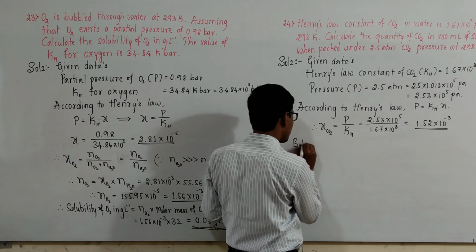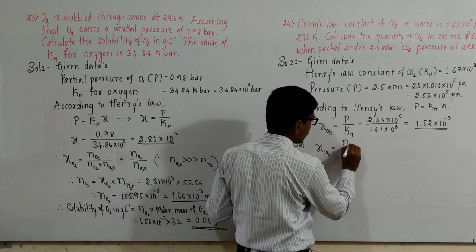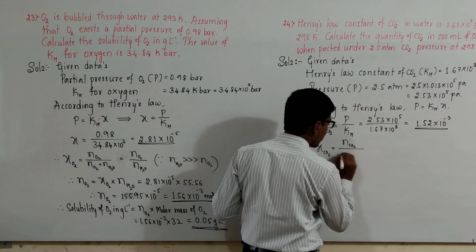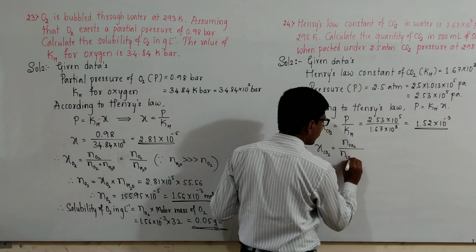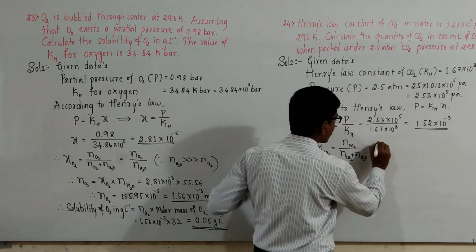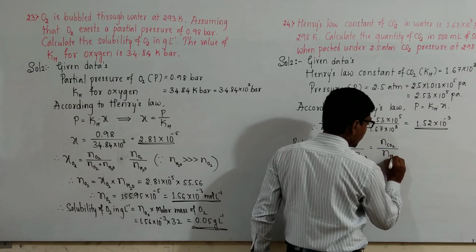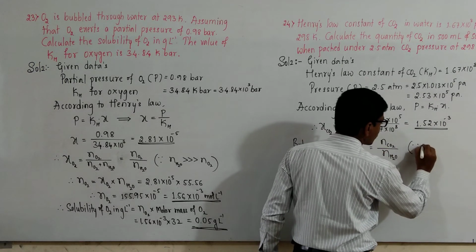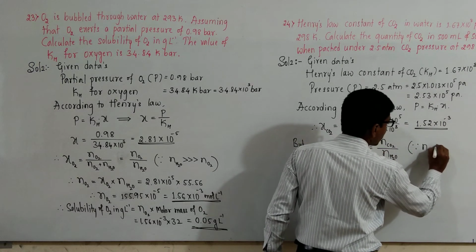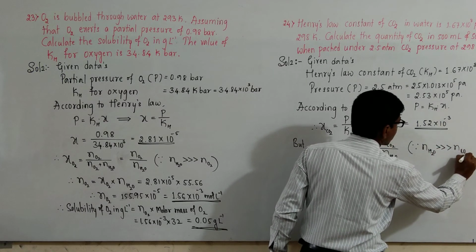But xCO2 is equal to nCO2 divided by nCO2 plus nH2O. This becomes nCO2 divided by nH2O, because nH2O is far greater than nCO2.